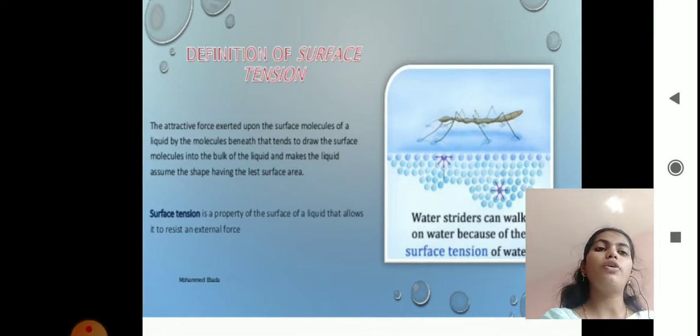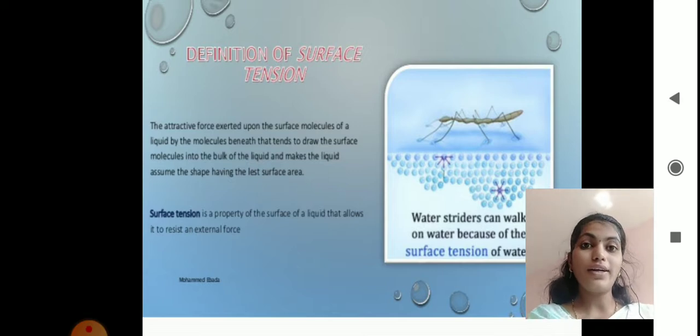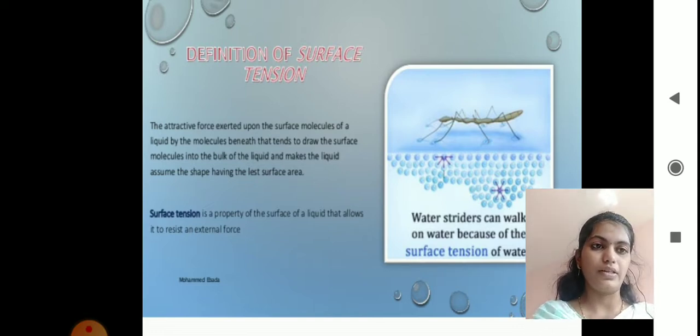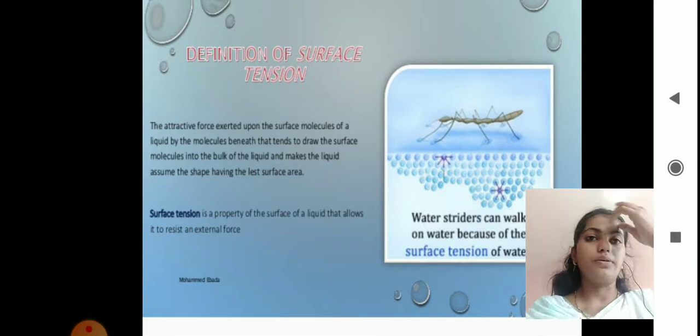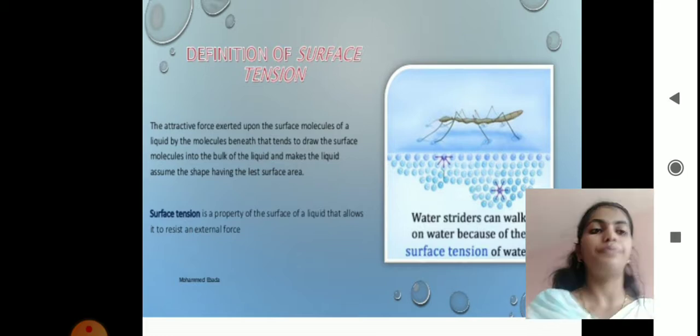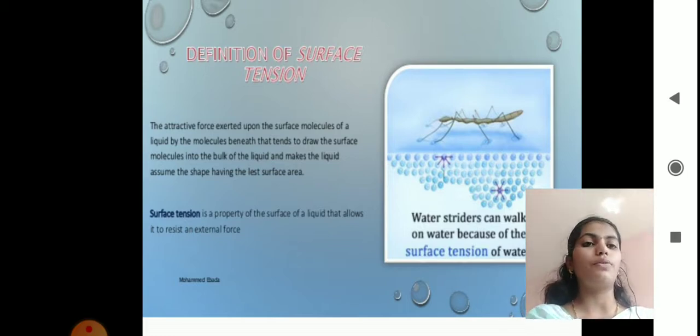First of all, a water strider can walk on the water because of the surface tension. It means that some insects and some small or light things easily float on the water or liquid surfaces. Why is it possible? It is our curiosity, and the reason they easily float on the surface of water is the surface tension.